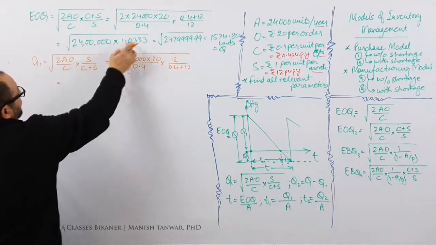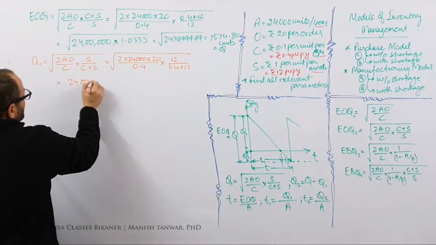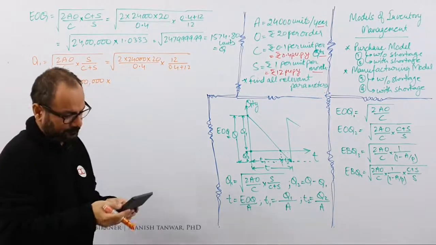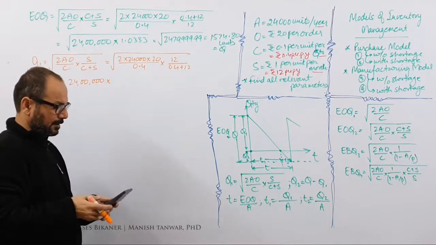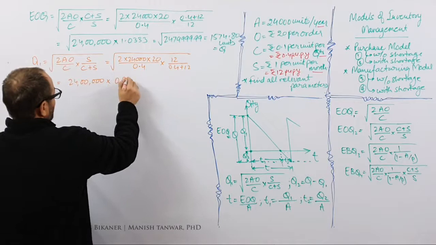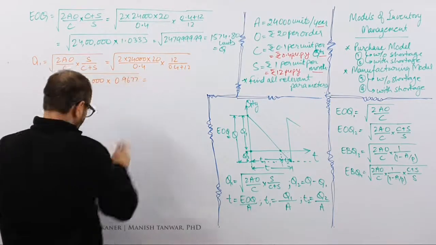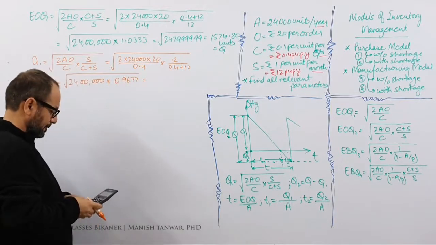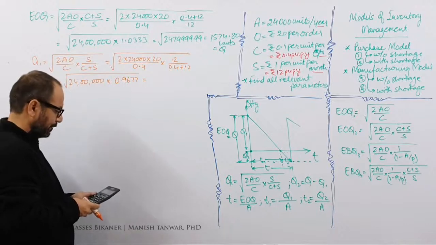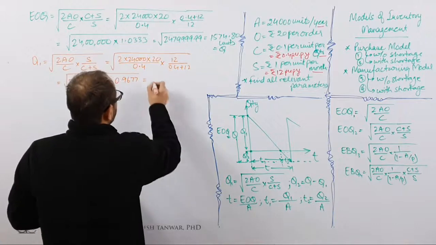And then we have this complete value coming down as 24 lakhs, and this factor would be 0.9677. And if I take 24 lakh times that, it is 23,22,580.